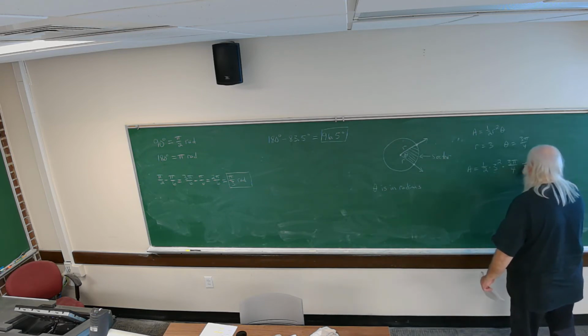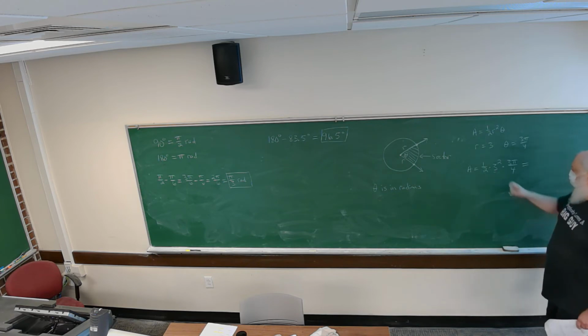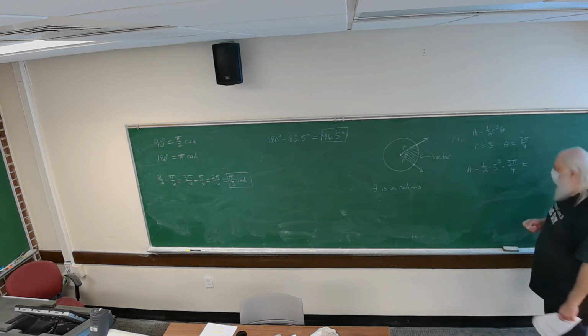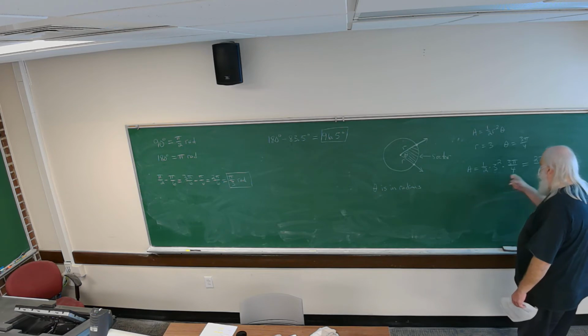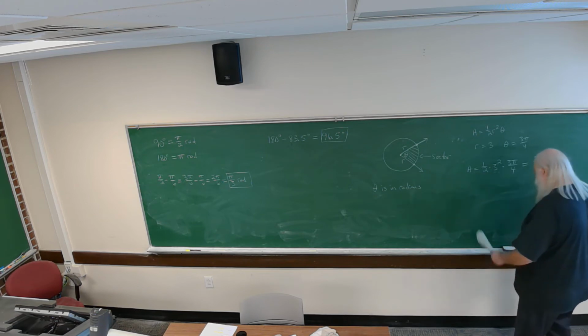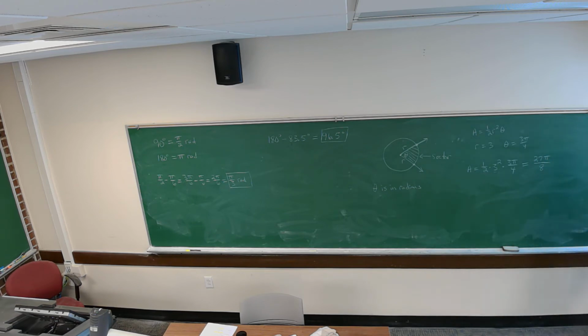When you carry out that arithmetic, 3 squared is 9. 9 times 3 is 27. So we have 27 pi in the numerator. And then 2 times 4 is 8. So the area of the sector is 27 pi over 8.